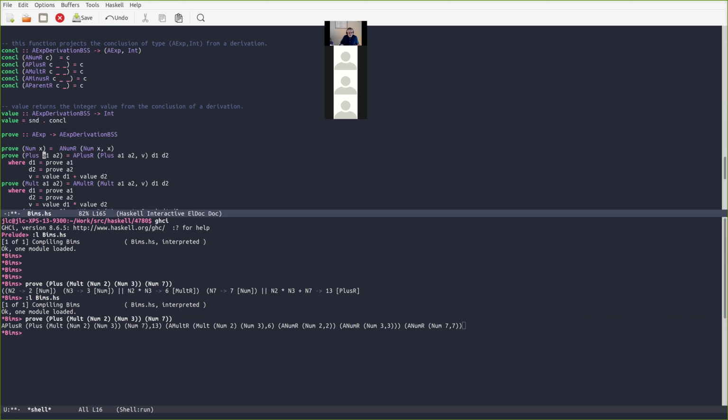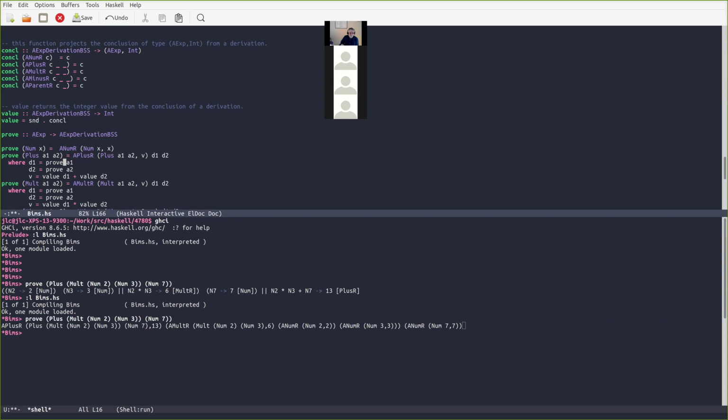So your input looks like a plus. If I'm going to be able to make a derivation of A1 plus A2 to anything, I'm going to have to use the rule for plus in arithmetic expressions. Did that help?